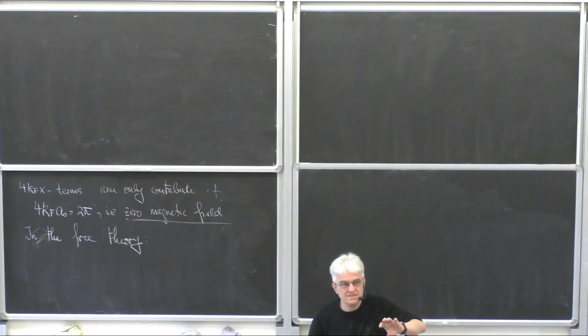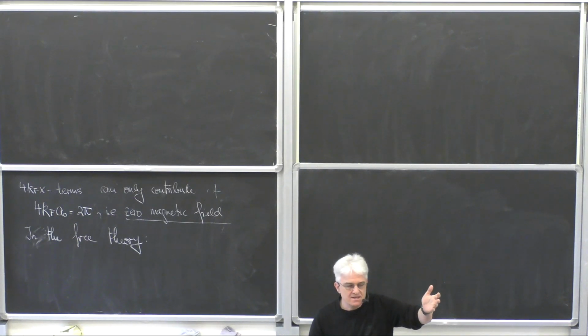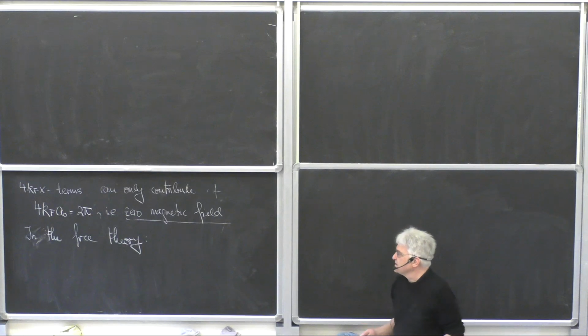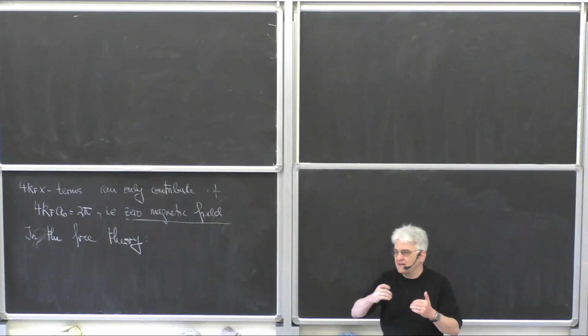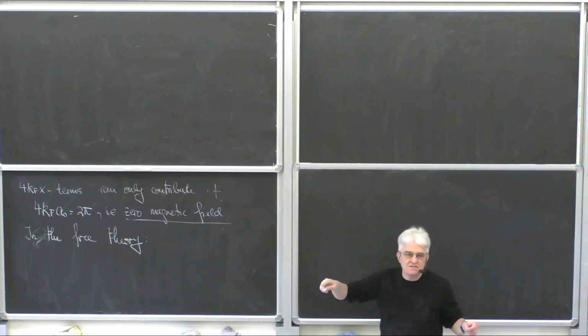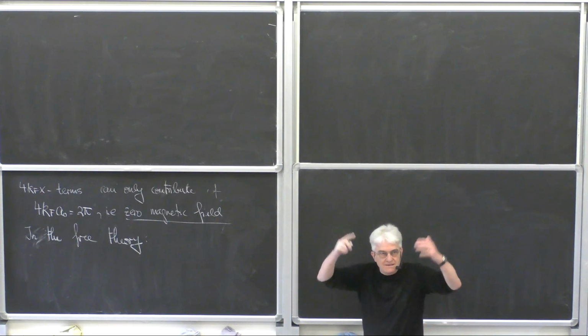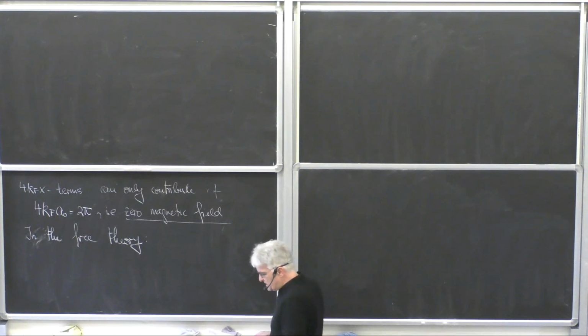So what I have done is I have replaced one complicated model that I cannot solve by elementary means by another complicated model I cannot solve by elementary means, because I have to deal with the 4 Fermi interactions. And the trick will be to use the equivalence of the free bosons and the free fermion, and we will see that this interacting fermion theory actually is equivalent to a non-interacting boson theory, and this sorts out everything. This is where we're going.